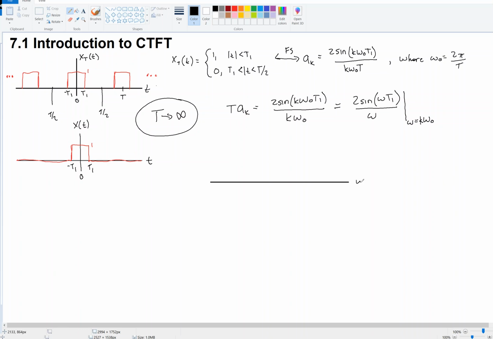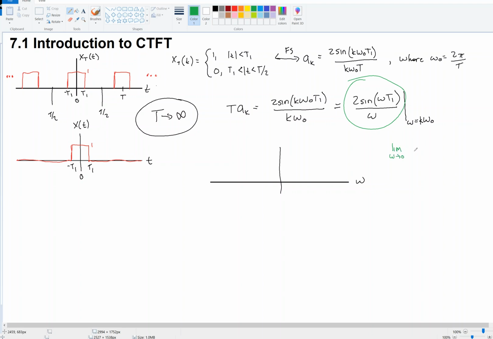Okay, so here's omega, and if I made a plot of that thing, this is the sinc function, where you have the sine of x over x. We're going to run into a problem when omega is 0, but we can use L'Hopital's rule, and we can investigate the limit as omega goes to 0.